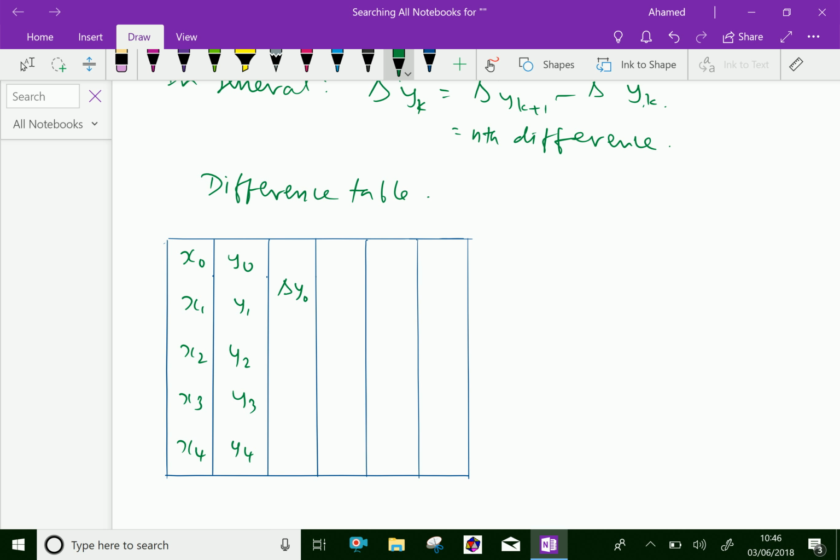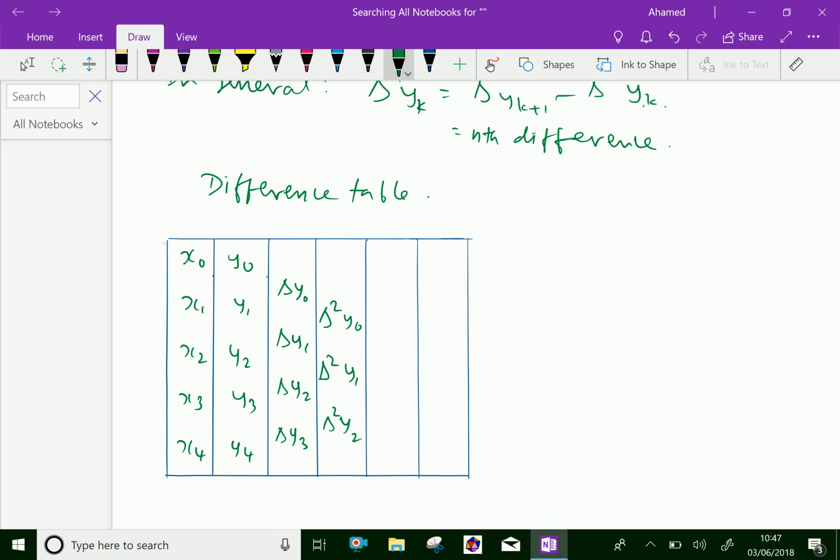Now the first difference we can write as delta of y0, delta of y1, delta of y2, delta of y3. This is called the first difference. The second difference is delta square of y0, delta square of y1, delta square of y2.